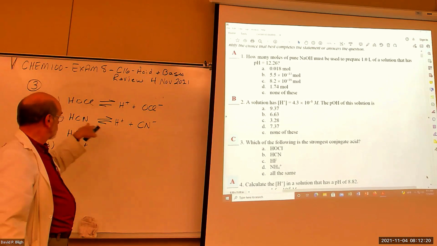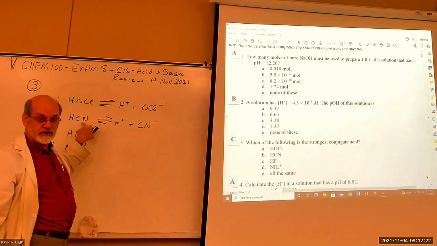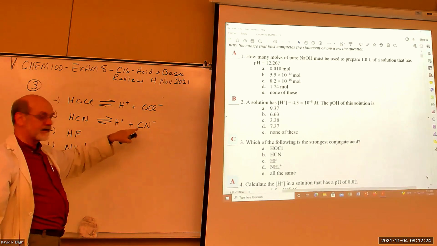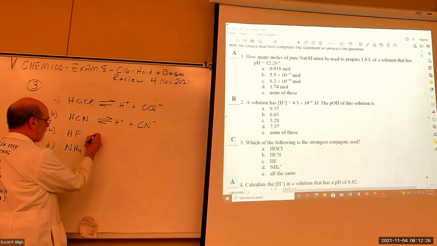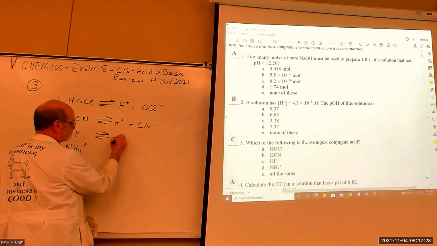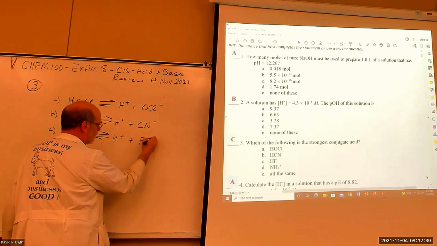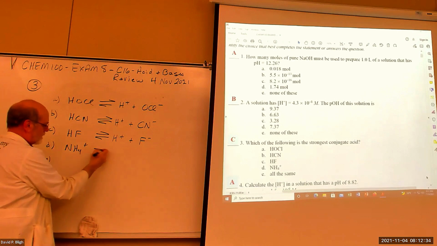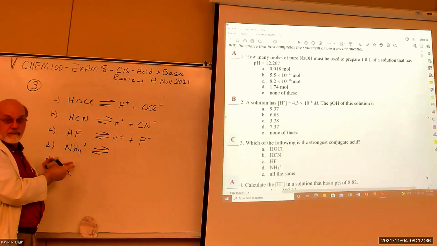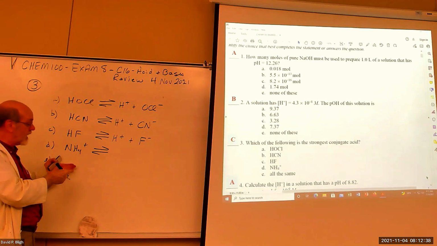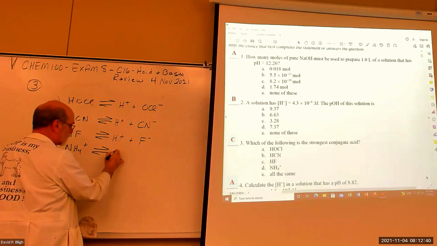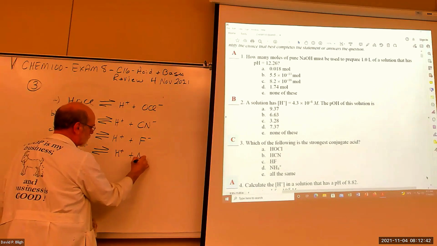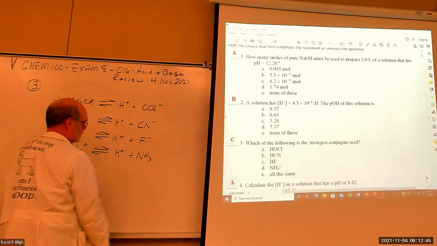So this has no oxygen in the molecule, so it's hydrocyanic acid. This one is hydrofluoric acid. And this one's the ammonium polyatomic ion. So if it loses a proton, what does it produce?